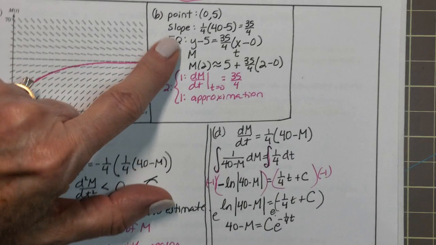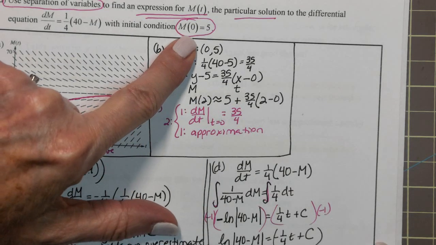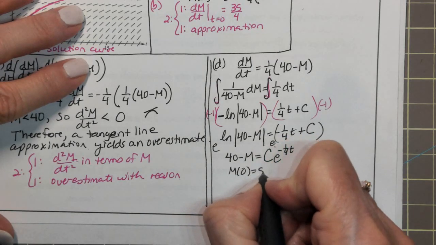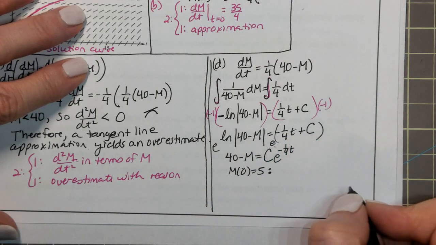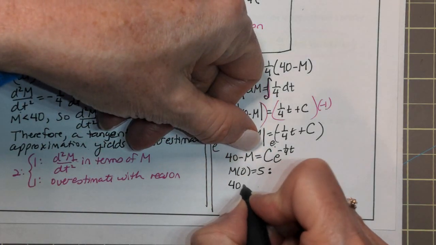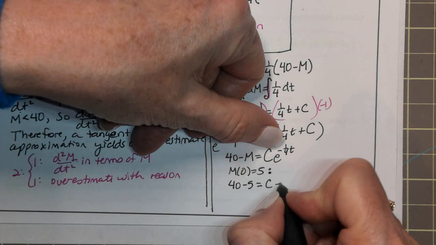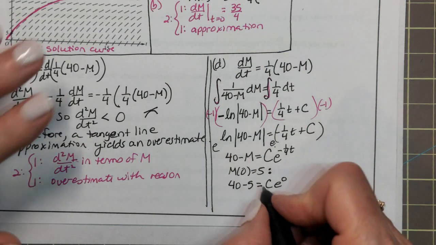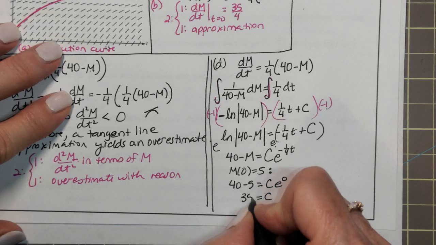Now I'm going to plug in my initial condition to find c. So m of 0 is 5. I'm plugging in 5 for m and 0 for t. e to the 0 is 1. C is 35.